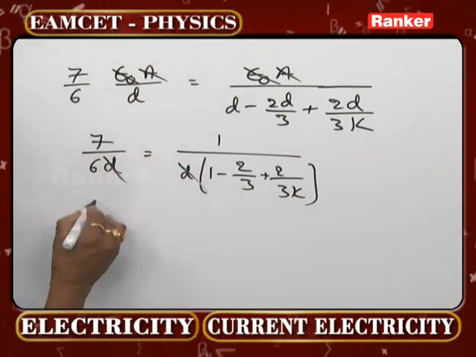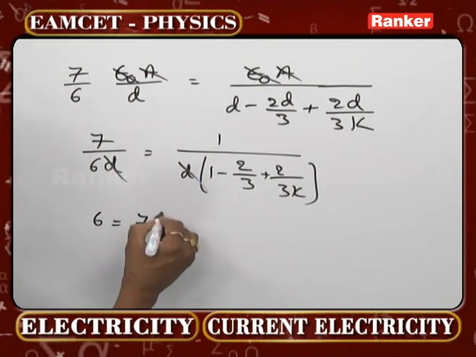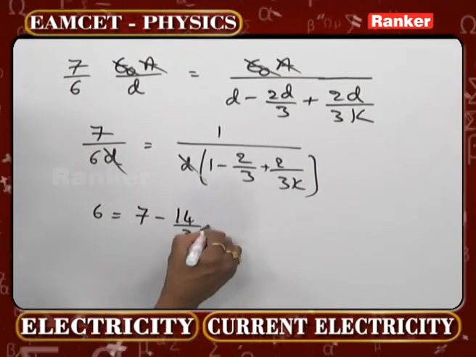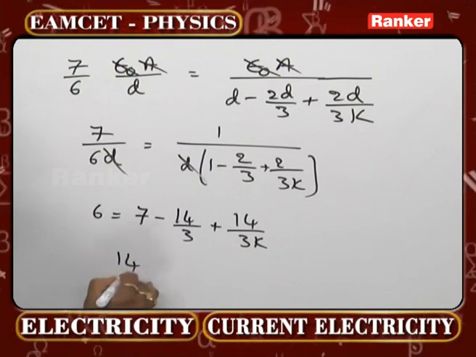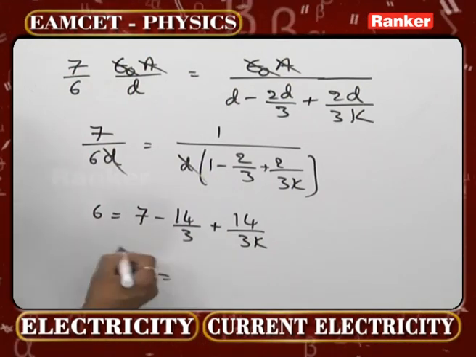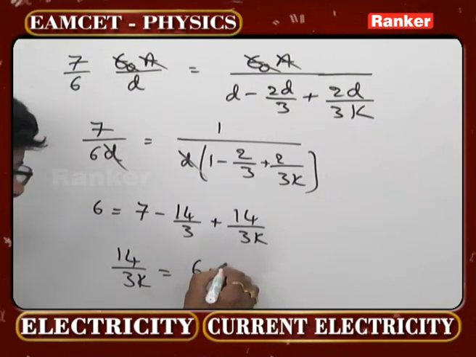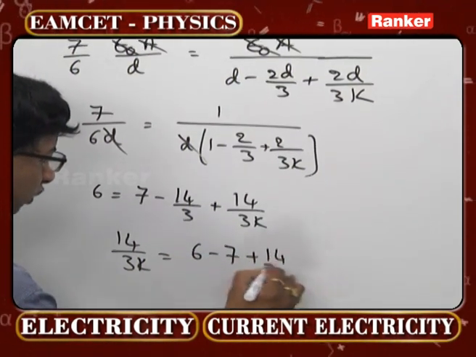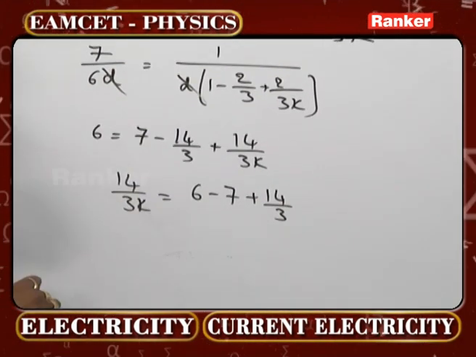Come on, cross multiply this one. 6 is equal to 7 minus 14 by 3 plus 14 by 3k. So you can write 14 by 3k now will be how much? You just take these things to the other side. 6 minus 7 plus 14 by 3. Now whatever the value of k, that is the question over here.